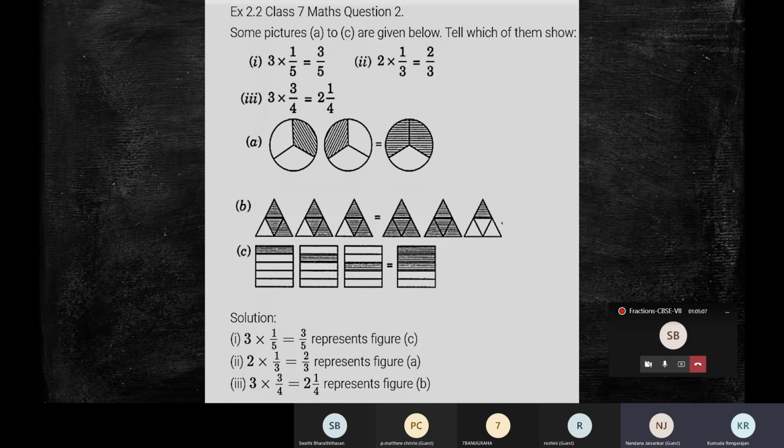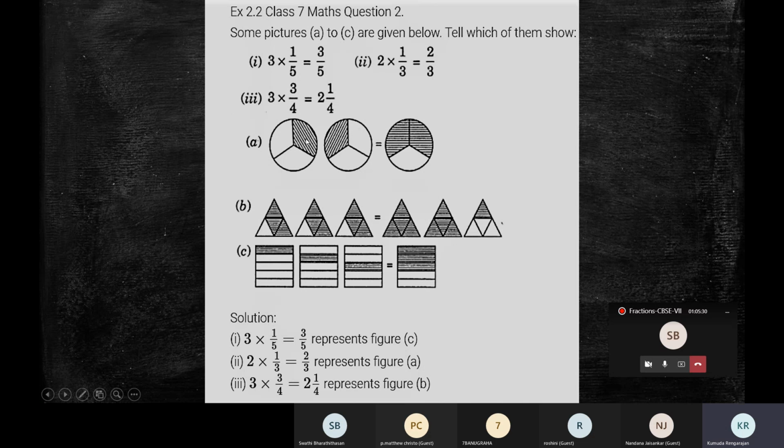When converted to a mixed fraction, it is 2 1 by 4. So these are equations, children. Now you'll have to match 1, 2, 3 with A, B, and C. Children, a small request: kindly disable your mic as soon as you answer.